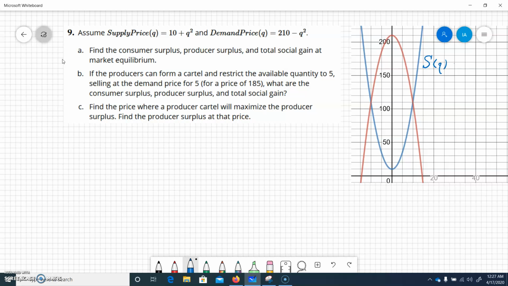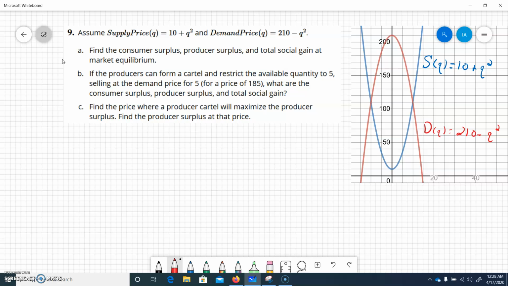But the supply would be 10 plus q squared. And the demand is 210 minus q squared. So we've done that in red. Demand of whatever quantity we pick is 210 minus q squared.